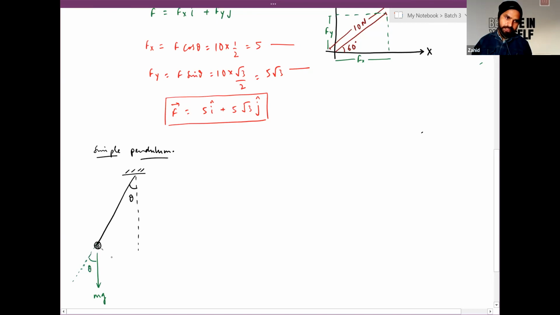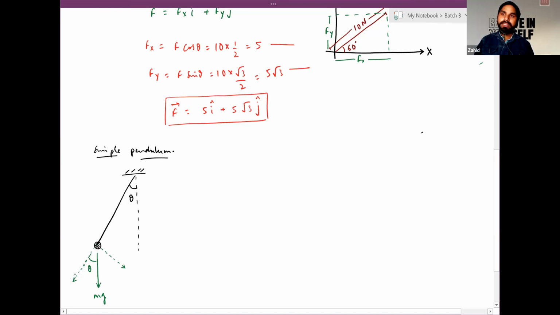So there will be another component perpendicular to it along this direction and along this direction. So in this part, mg is the resultant, for which we have to calculate the x component and y component.